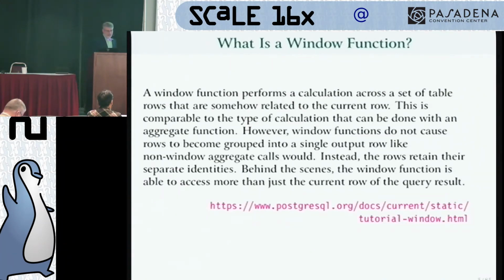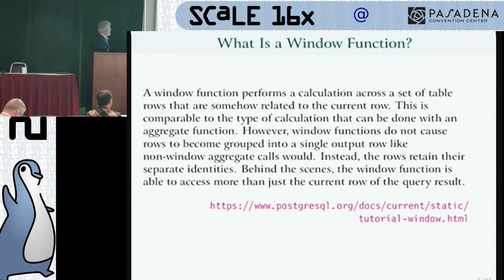Okay. So what are window functions? This is a section from the Postgres documentation, slightly modified by me and committed probably 6 to 9 months ago. So this is what the Postgres 10 docs look like. Effectively, just to highlight some words here, normally an aggregate will reduce a number of rows into a single row. However, window functions do not cause rows to become grouped into a single output row like non-window aggregate functions would.